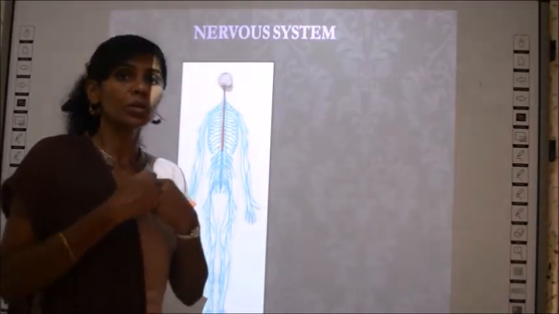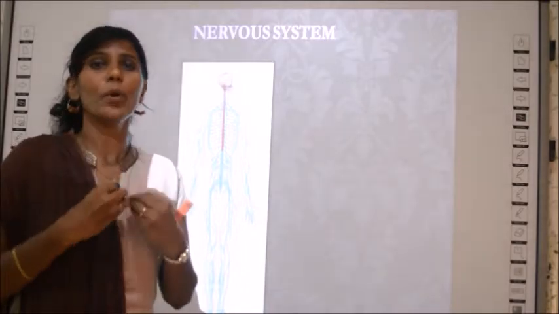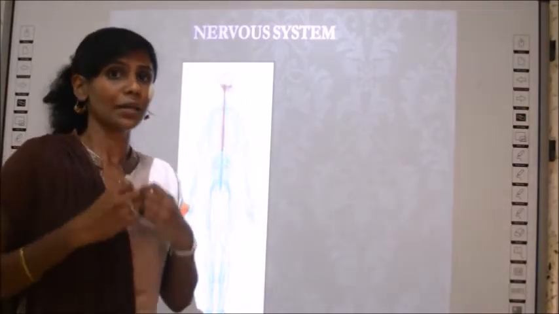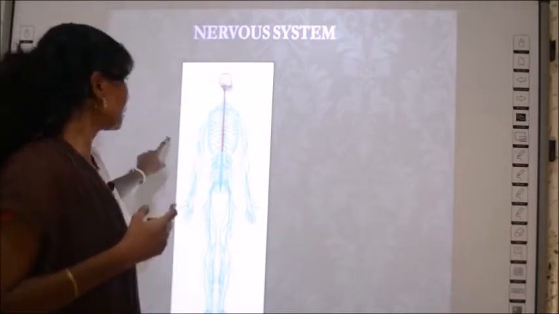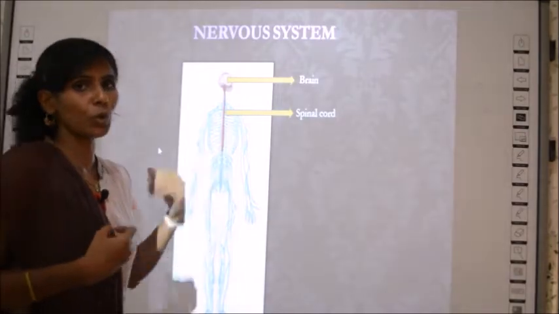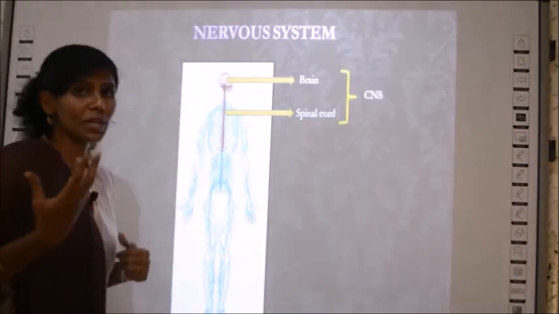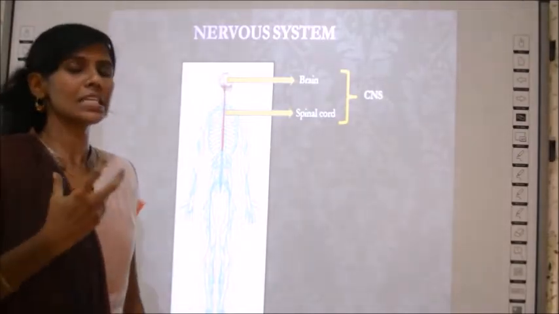As I told you, nerves include the peripheral nervous system. So what are the important nervous system parts? I told you 2 parts of the central nervous system. Do you remember what they are? The brain and the spinal cord, and these both make the central nervous system, that is the CNS.